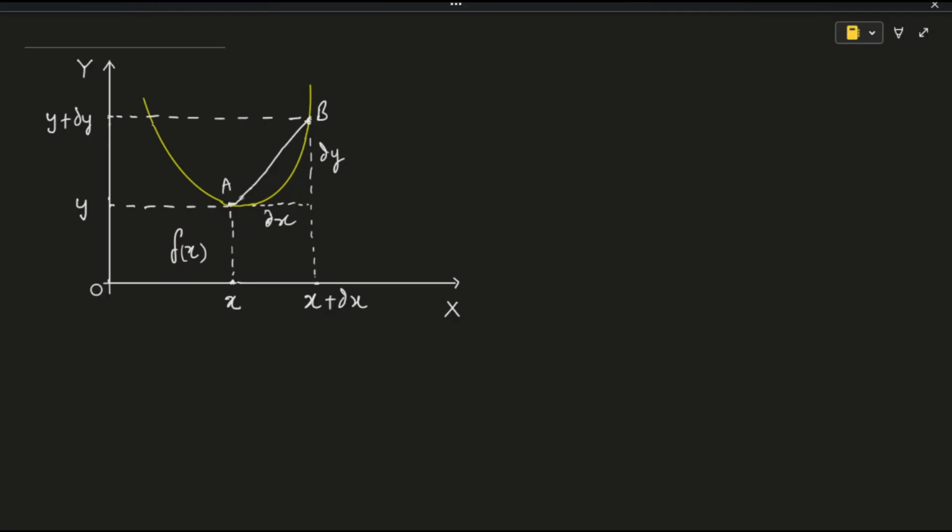It will then mean that the coordinates of A is given by x, y, and the coordinates of B is given by x plus dx, y plus dy. So it will mean that at the point B, the outcome of the function will be given by f of x plus dx.